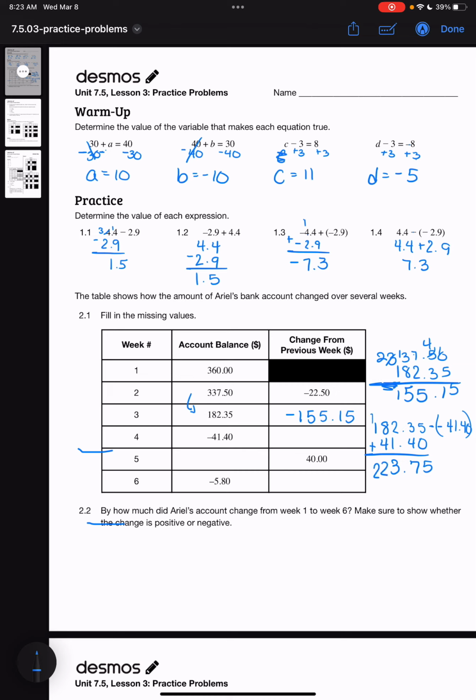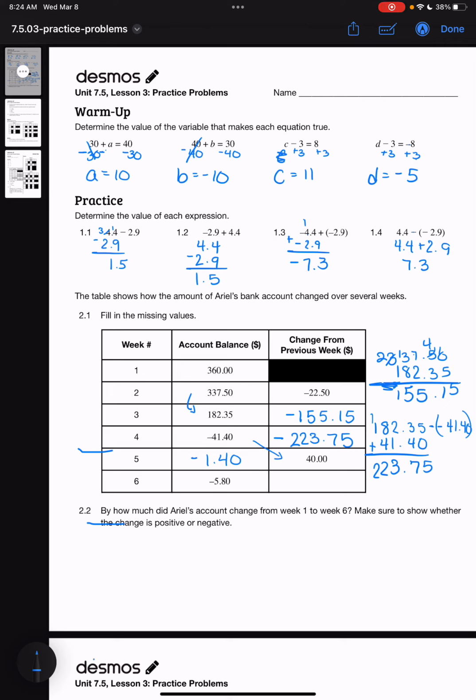So I actually went down $223.75. Now, on the next week, the change was a positive $40. So if I went from here to here, positive $40, that would leave me with negative $1.40.